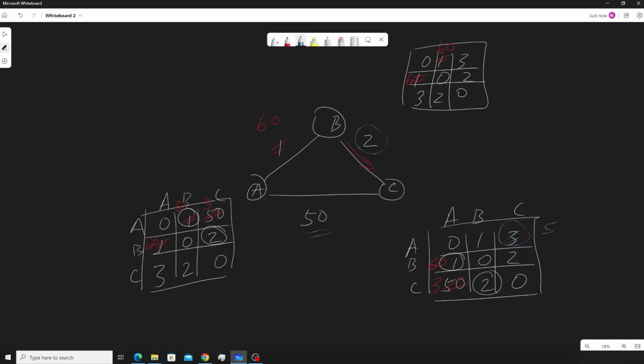And the solution really is that when you send over a path that degrades, instead of sending over a number, you send over an infinity cost.